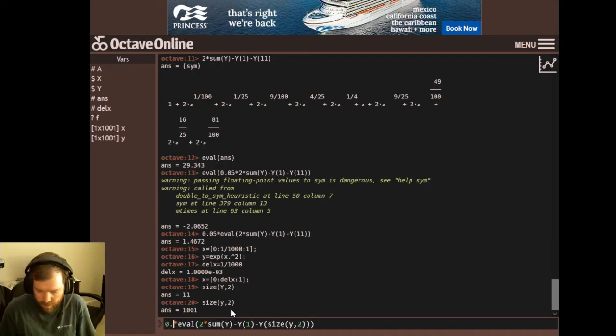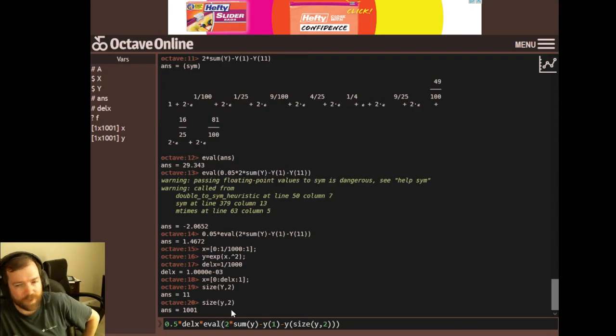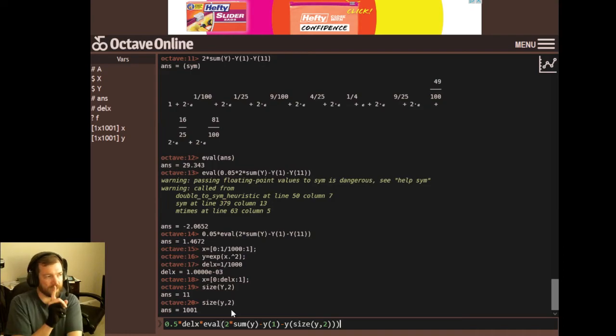This is going to be 0.5 times del x times evaluate twice the sum of little y minus little y1 minus little y of the size of y second dimension. Hopefully, this will get us a value that's close to 1.46. It should be a little bit higher. No, lower. It should be slightly lower.